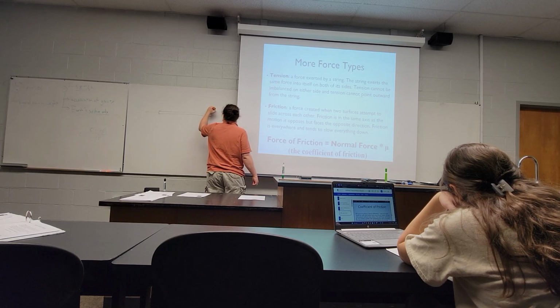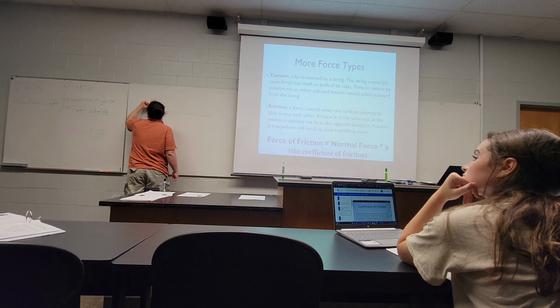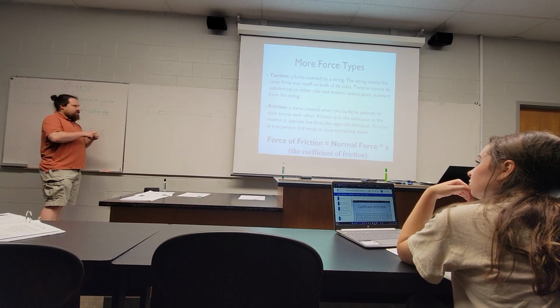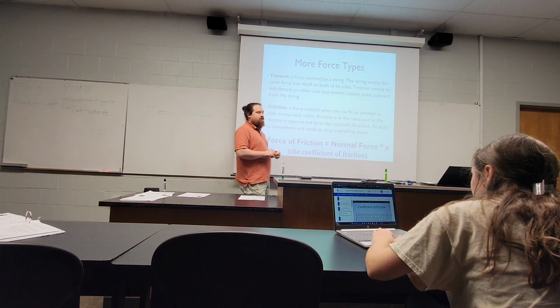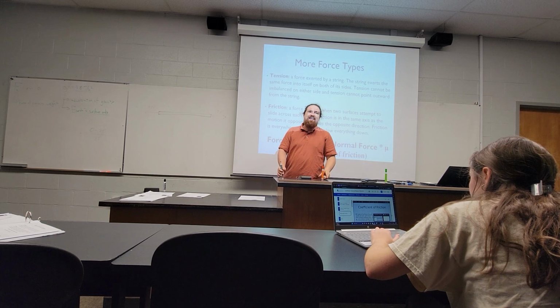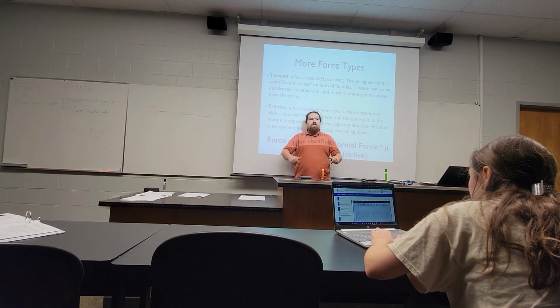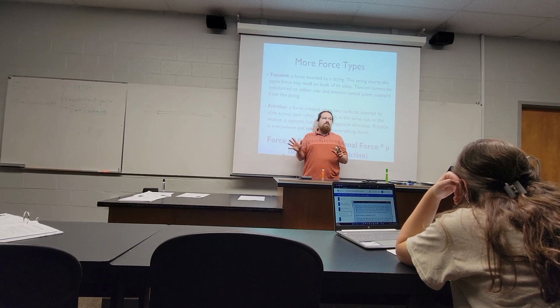I'm just going to give it an arbitrary number of 10 newtons on either side. And neither of those orange arrows is something that the rope itself is doing. Those are both things that are being done to the rope, outward from either side. So those are both outside of the rope itself.